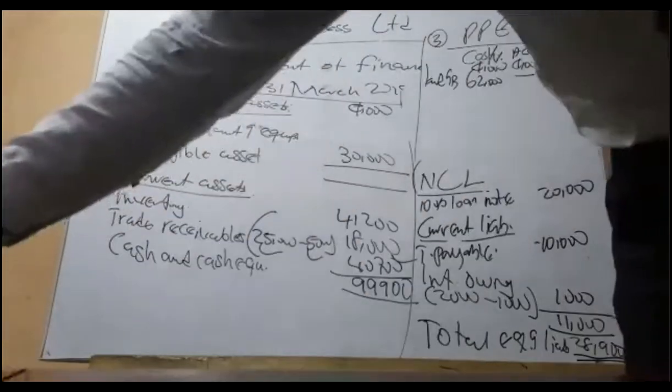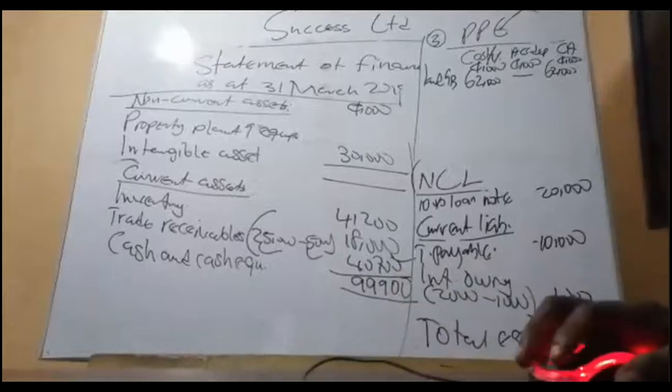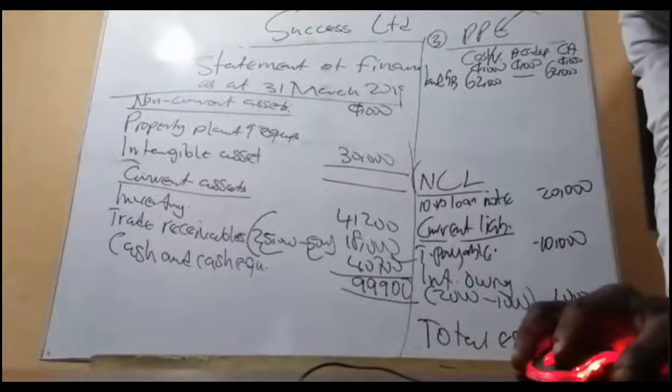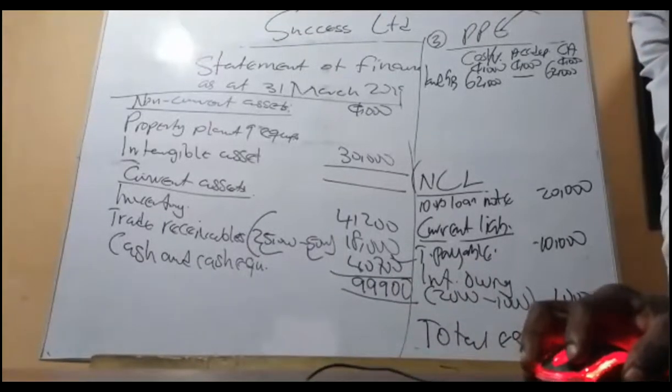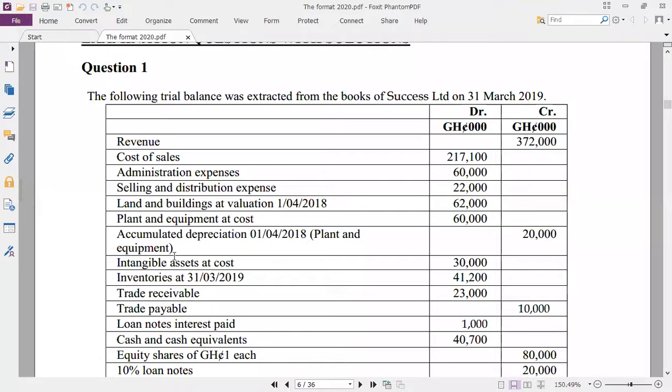Now let's go and pick the next item on the list. The next one is plant and equipment. The cost is what? Plant and equipment, 60,000.